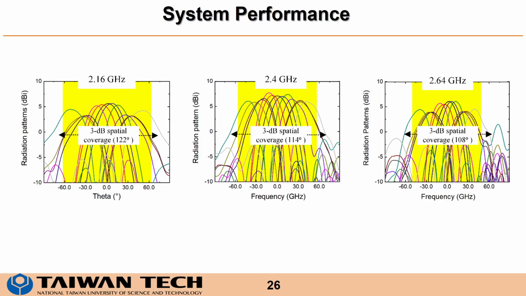And in the figure, we can see that the maximum coverage of the structure is about 120 degrees, and in the realization scenario, it can cover a very large spatial coverage.